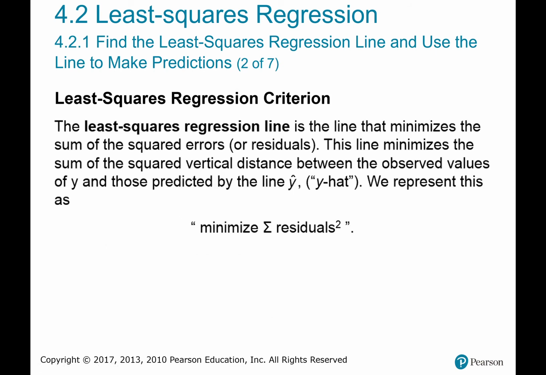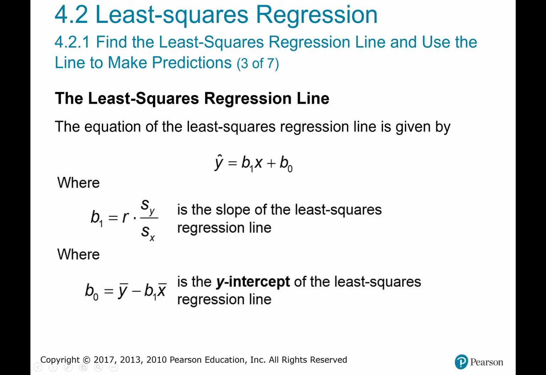So the least square regression line is the line that minimizes the sum of the squared errors, or residuals. This line minimizes the sum of the squared vertical distances between the observed values y and the predicted values, y hat. We represent this as: minimize the sum of residuals squared.